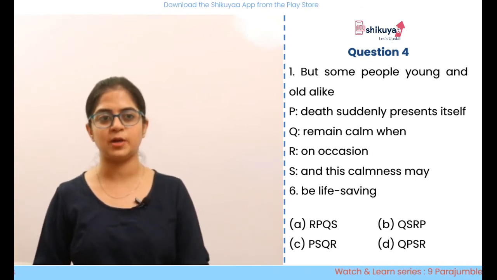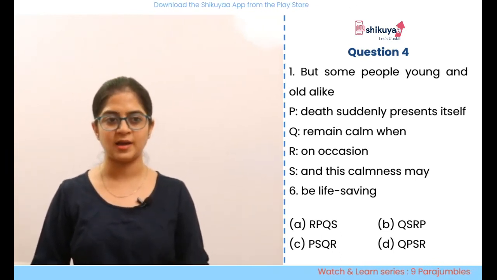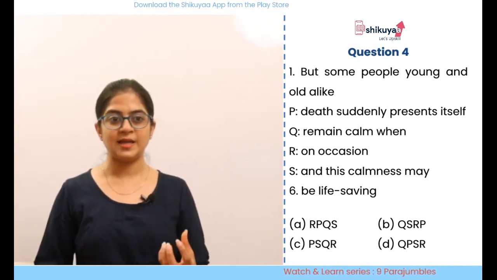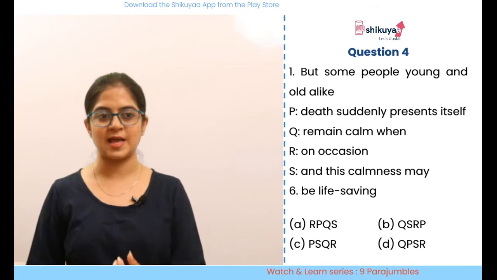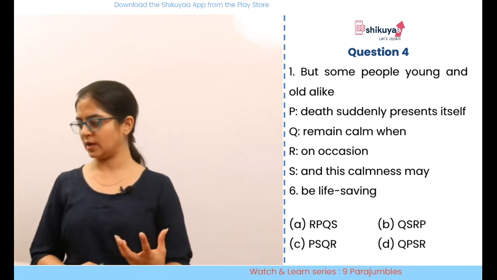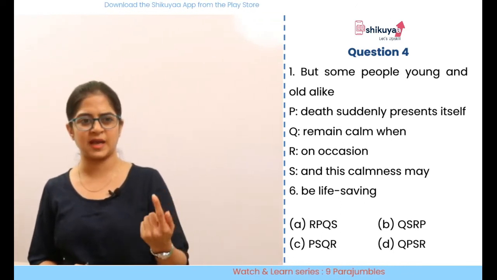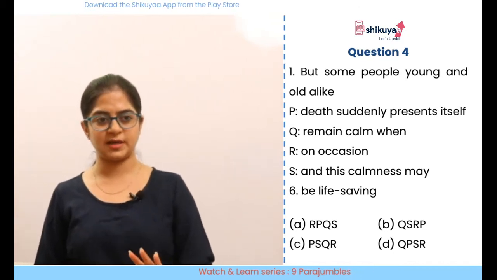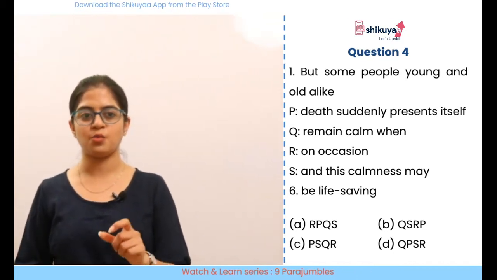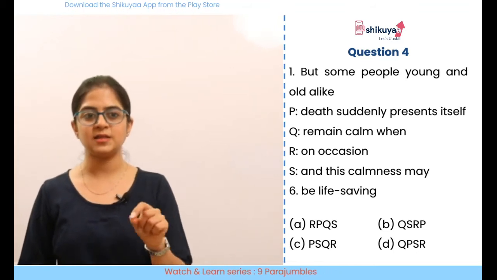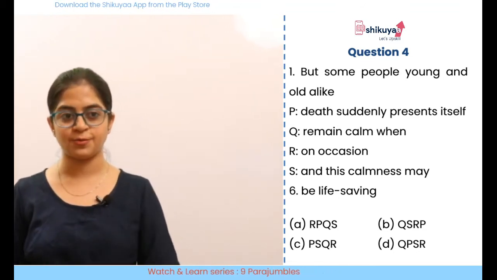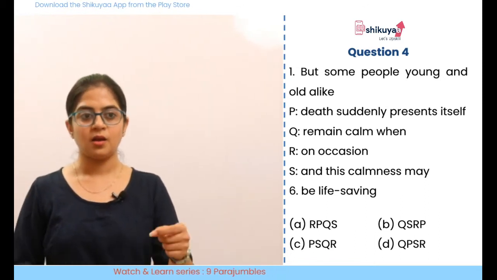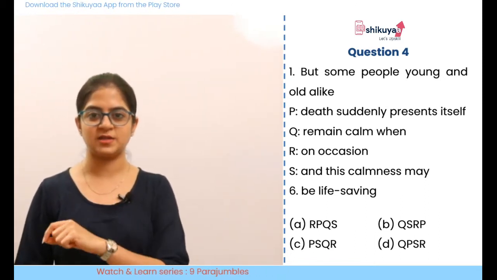But some people, young and old alike, remain calm when death suddenly presents itself. Okay, Q is the opening sentence we find here. Remain calm when death suddenly presents itself, and this calmness may on occasion be life saving, right?